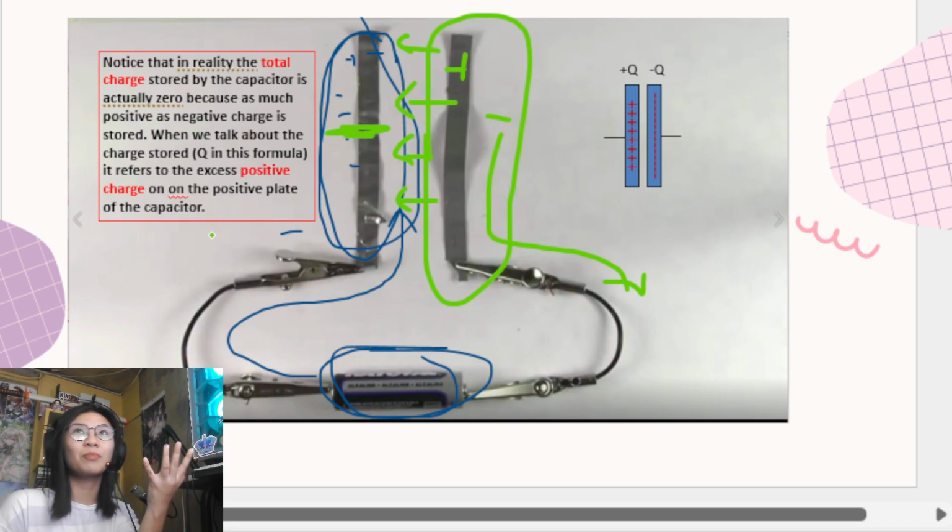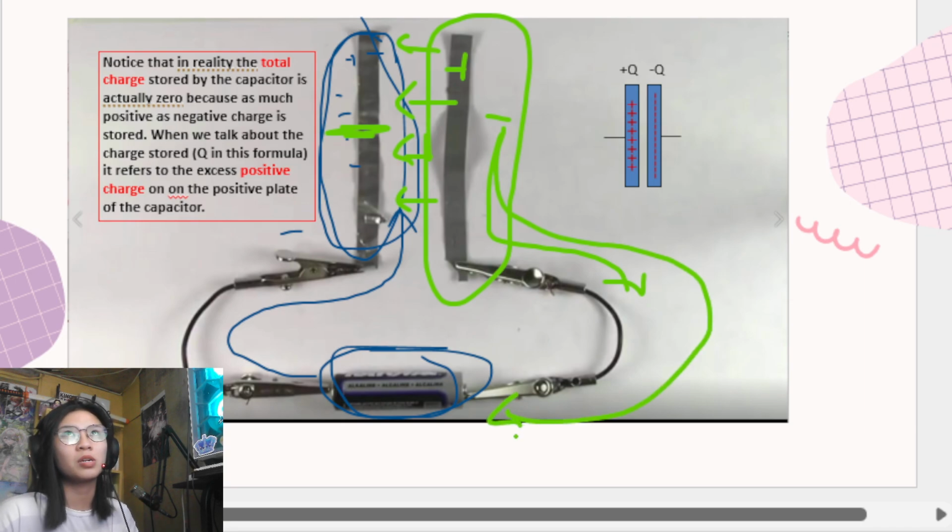So ang isa kay dominantly negative, but the other one, because of that attraction, mo repel ang mga negative charge diri ang side and moanhi sila sa positive terminal sa ato ang source. Since ang mga negative charge repelled, it becomes positively charged.